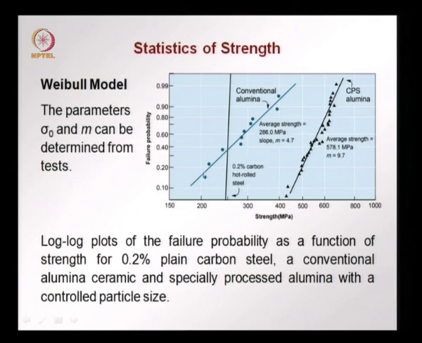For a conventional alumina there is a probability that there could be failure anywhere here. For the processed alumina the modulus is higher, for conventional alumina the modulus is around 5. So from tests like this we can calibrate the Weibull model to get the value of m.